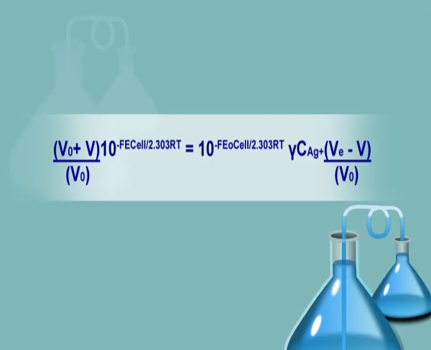By manipulating the above equation, one can derive the following equation for locating the endpoint by Gran's method, where V0 is the initial volume of KI taken, V is the volume of AgNO3 solution added, and Ve is the volume of AgNO3 solution at endpoint.